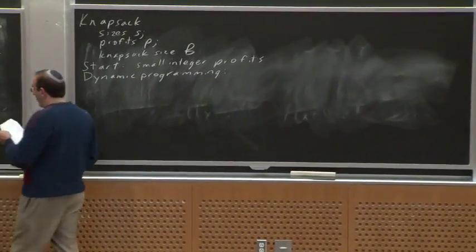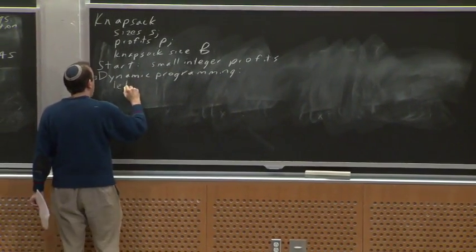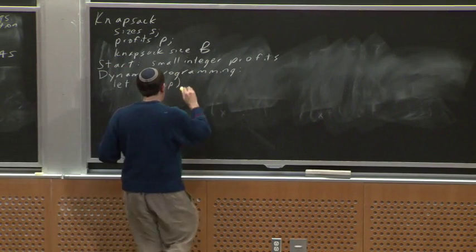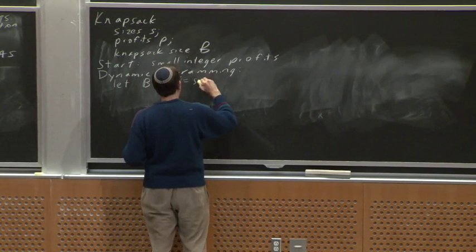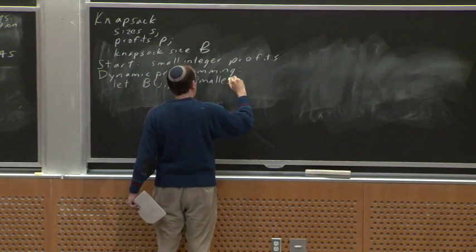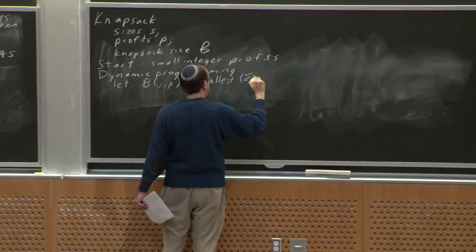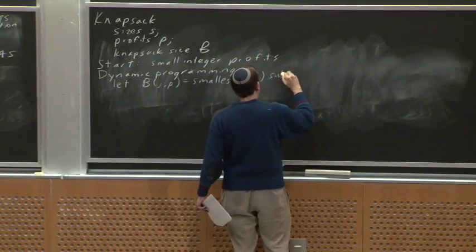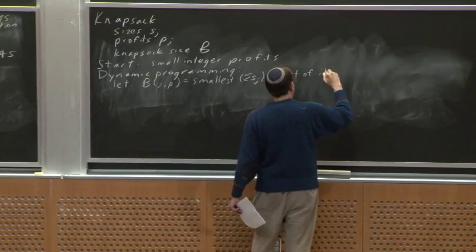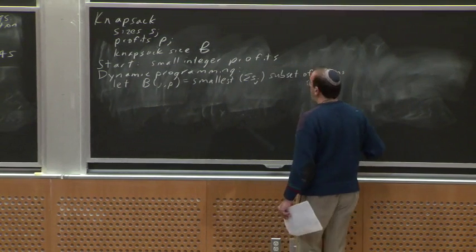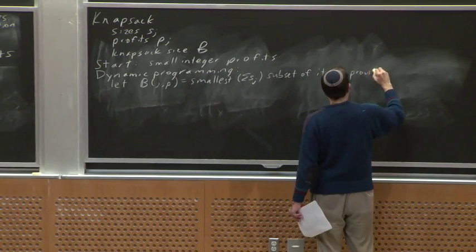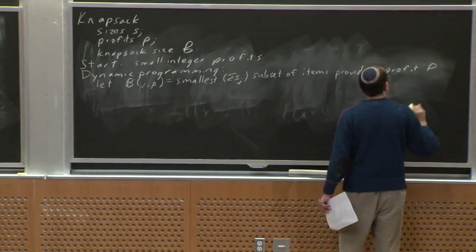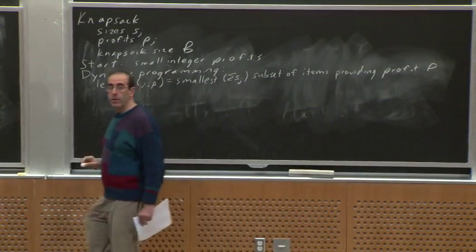So I am going to define B of J, P to be equal to the smallest, in sum of Sj terms, subset of items providing profit P. Yes?